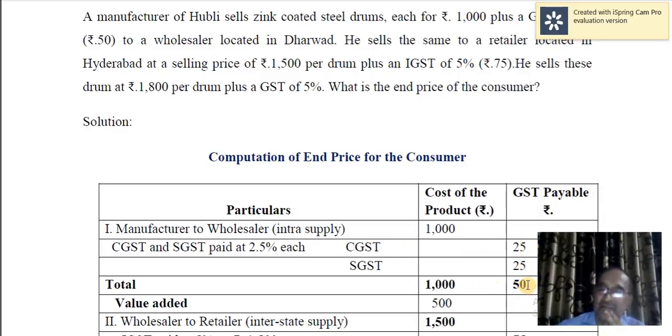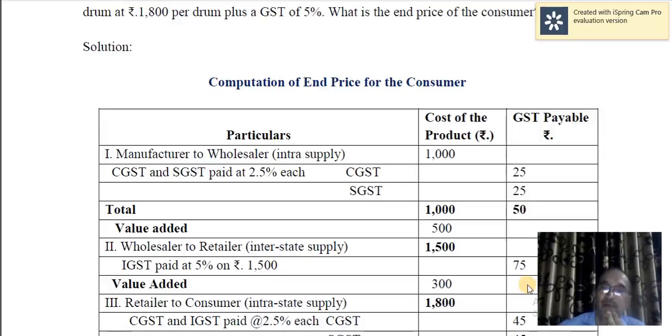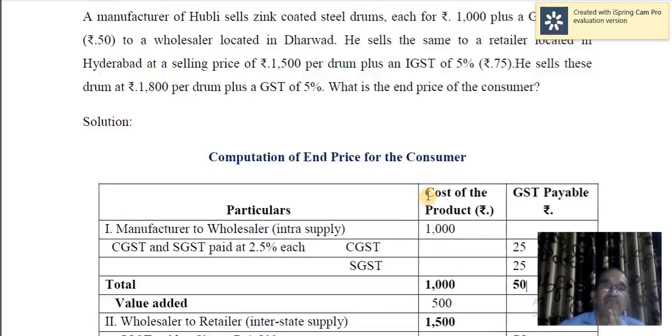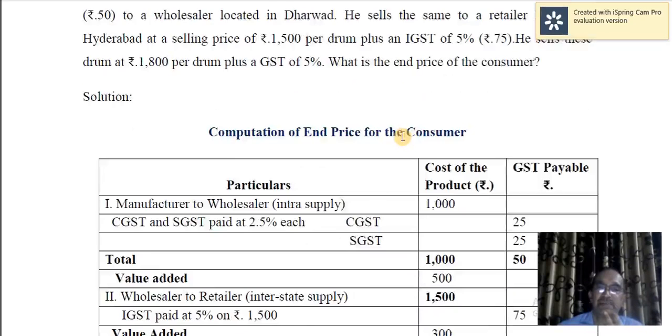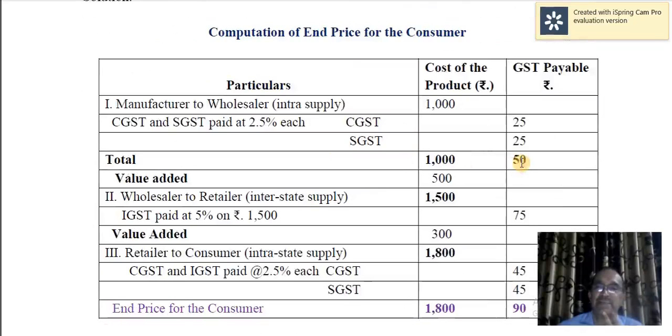So total GST is 50. Then a wholesaler sells that to the retailer at Hyderabad, 1,500 plus IGST at 5%. 5% on 1,500 comes to 75 rupees. Actually, here it is interstate transaction, therefore IGST is calculated. IGST is 75.